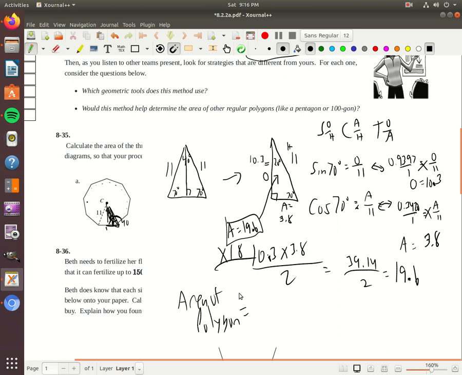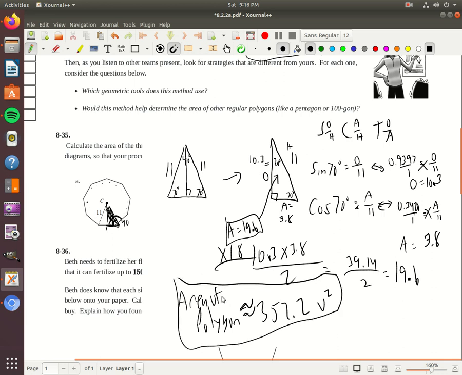So it's going to be 19.6, and again, I'm going to leave 19.57 in my calculator, so there's going to be some rounding going on, and that's fine, but I get about 352.2 units squared. So that's going to be the area of that big triangle.